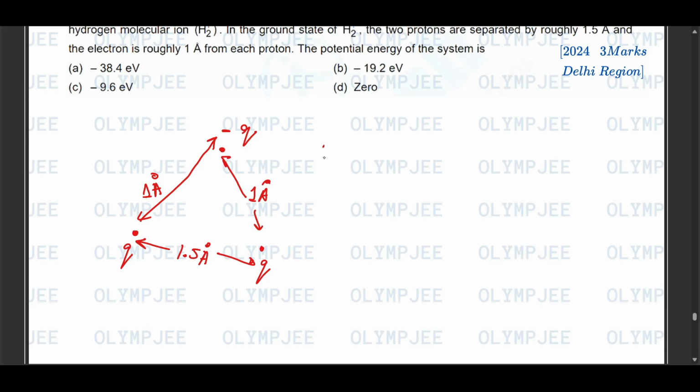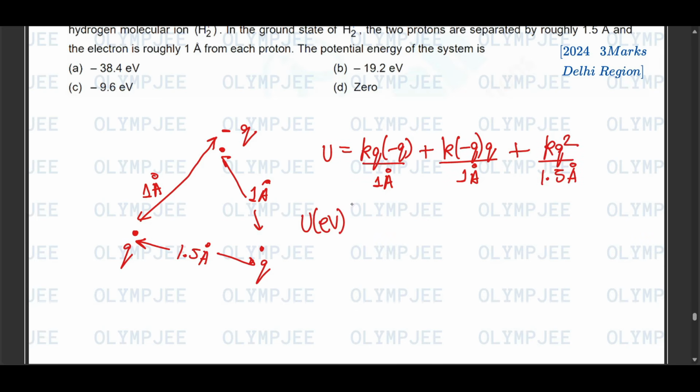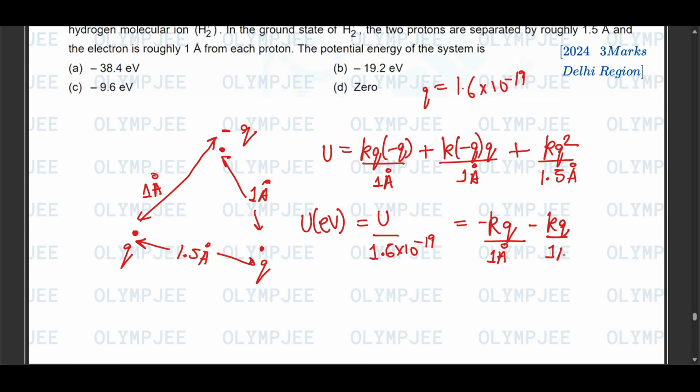Right, so the energy will be given as, and to get it in electron volts we will divide this U by the charge of 1 electron, and since Q is also equal to this much only, we will get, right.